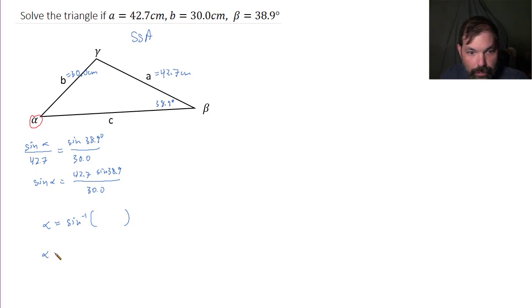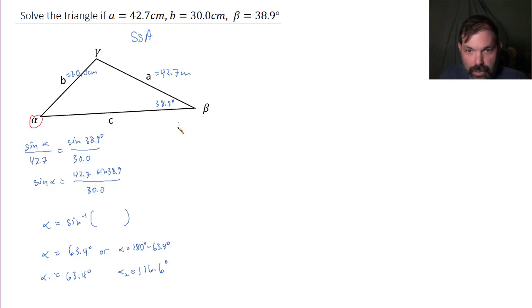So alpha is 63.4 degrees, or alpha is 180 minus 63.4 degrees. So alpha 1 is 63.4 degrees. Alpha 2 is 116.6 degrees.